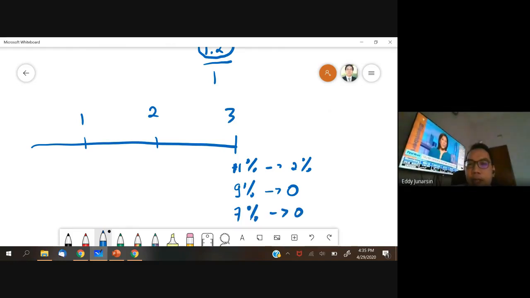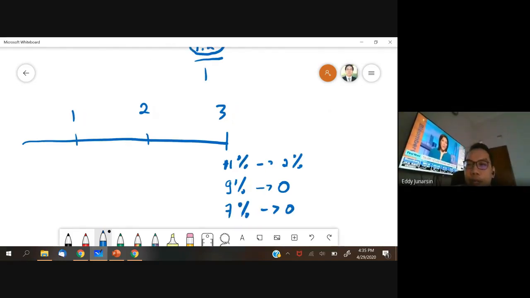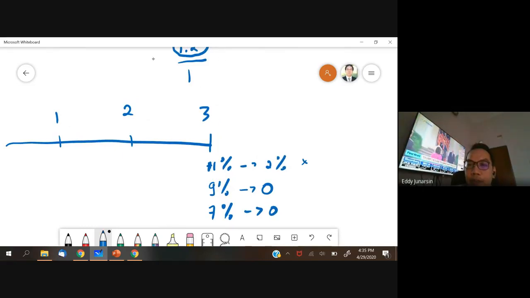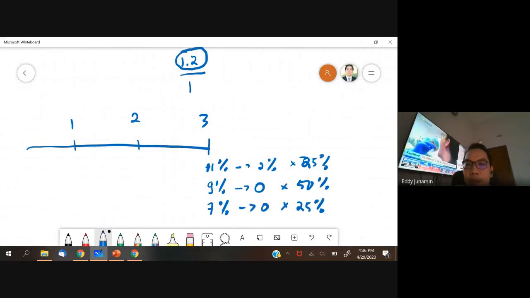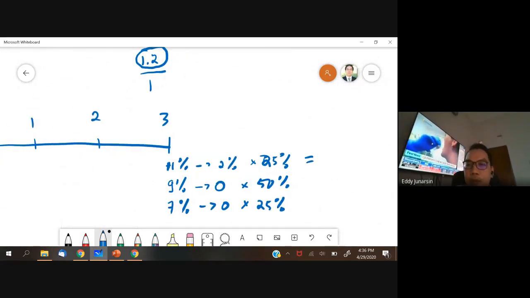You definitely earn nothing. But the 2% here has a 25% possibility of happening. This is 50%. Oh, sorry, this is 25. So the only scenario that will give you money is this one. So 0.5%.